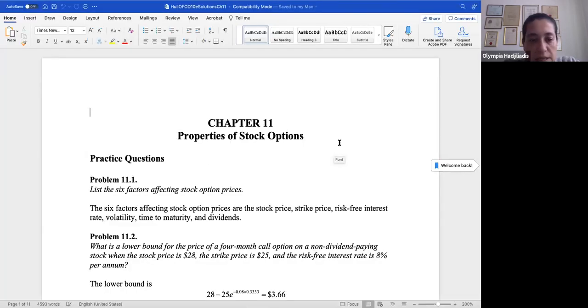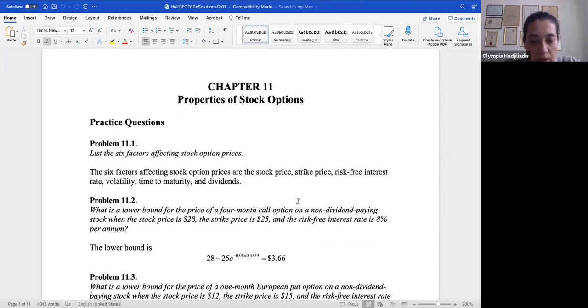So list the 6 factors affecting stock option prices. The 6 factors affecting stock option prices are the stock price, the strike price, the risk-free interest rate, volatility, time to maturity, and dividends. What is a lower bound for the price of a 4-month call option on a non-dividend paying stock when the stock price is $28, the strike price is $25, and the risk-free interest rate is 8% per annum?